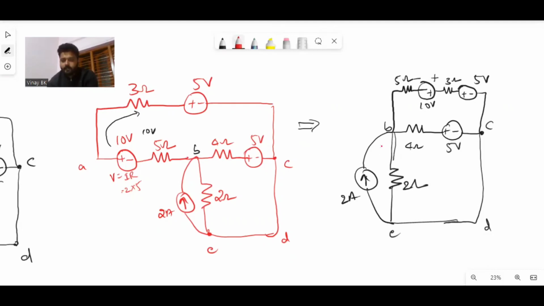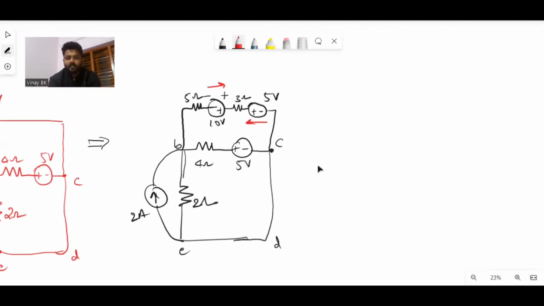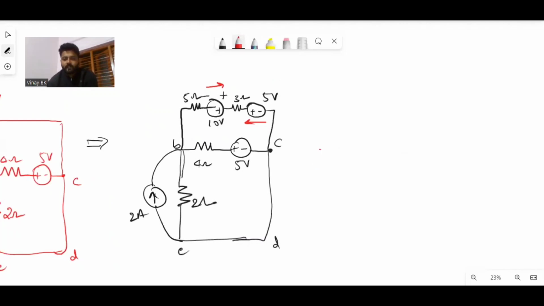You can see the arrow mark here is left to right, and here it is right to left. The left to right voltage source has the highest magnitude, so you consider that magnitude only, so there will be subtraction of voltage sources.